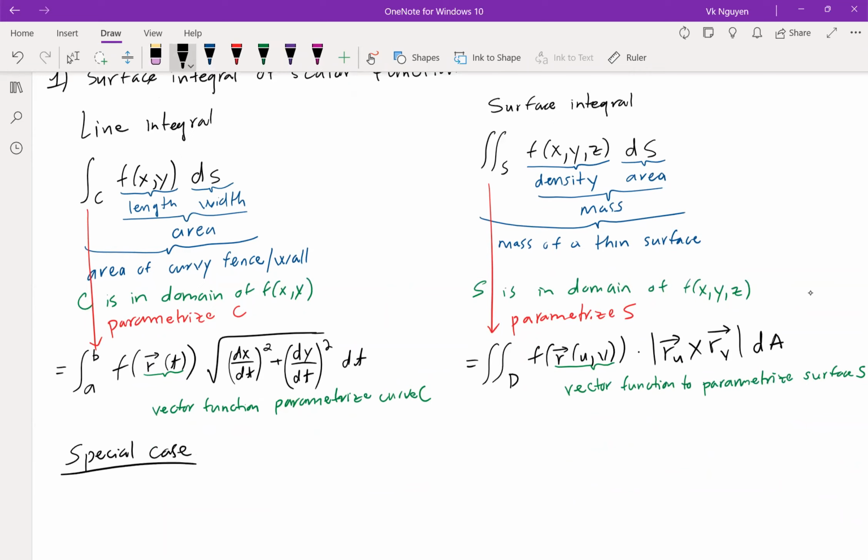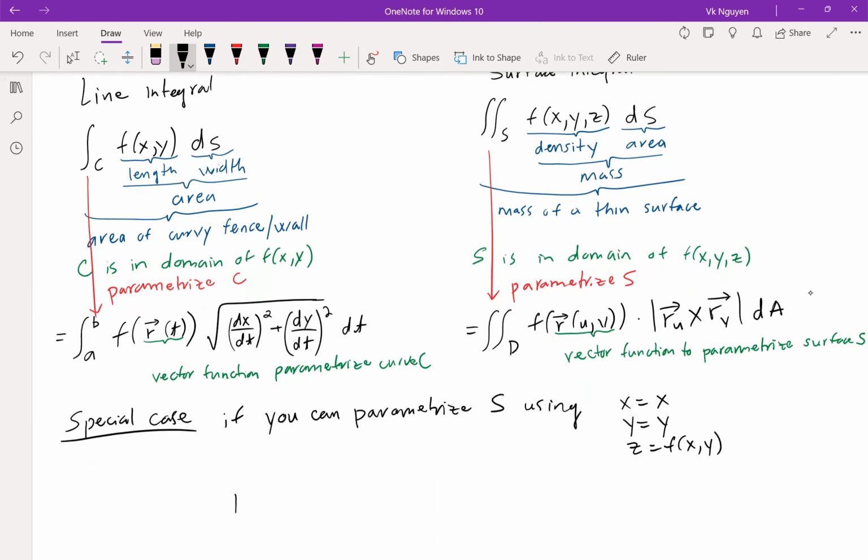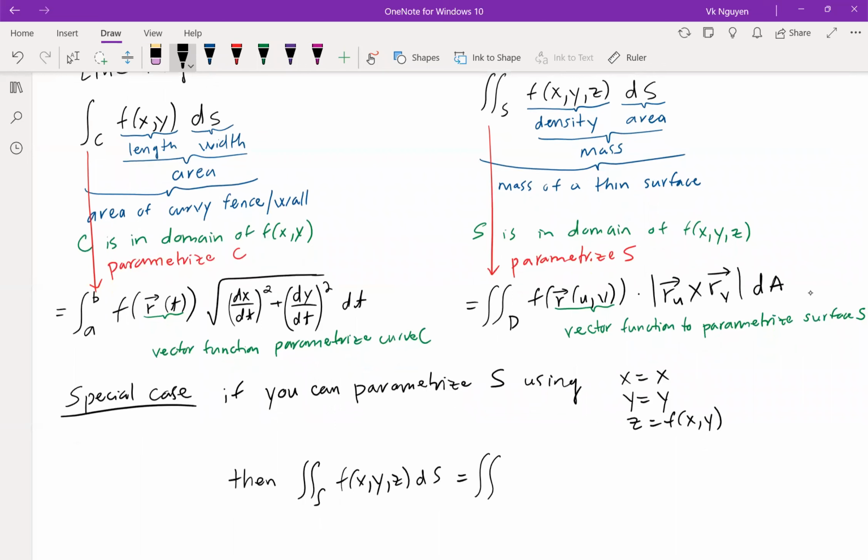Special case. If you can parameterize S using x equals x, y equals y, z equals g(x, y), then the surface integral of f(x, y, z) dS is the double integral over the region D in the xy-plane.